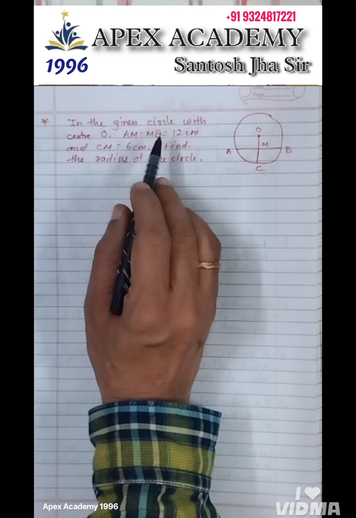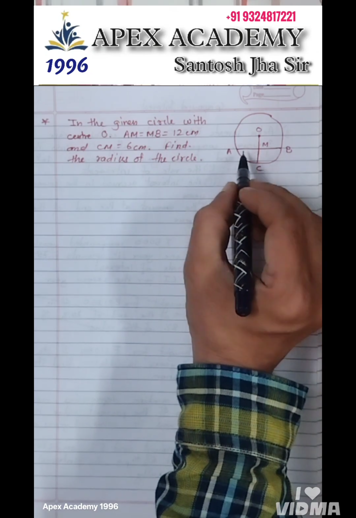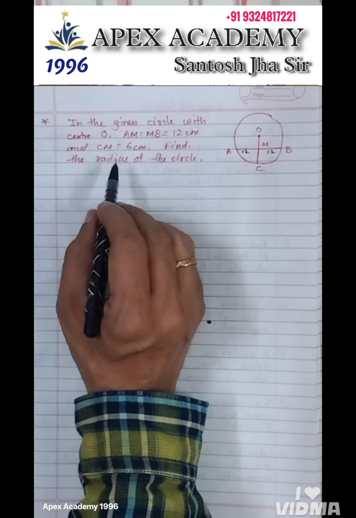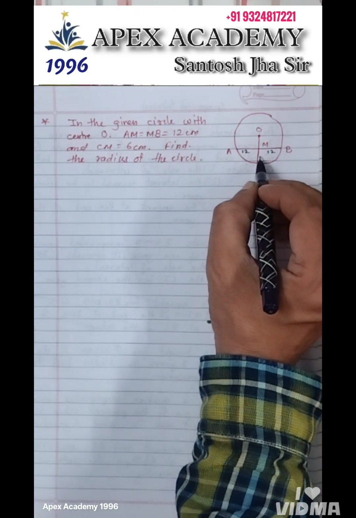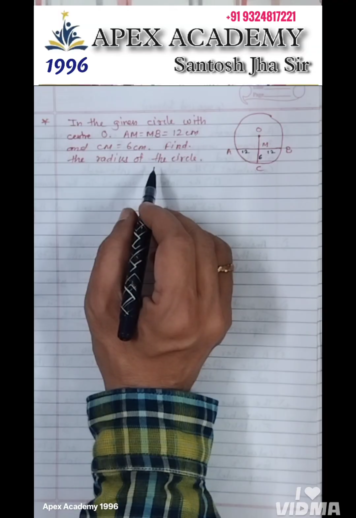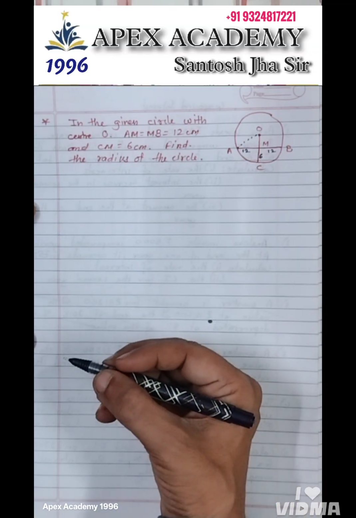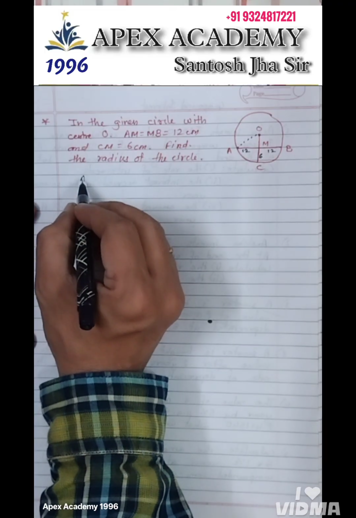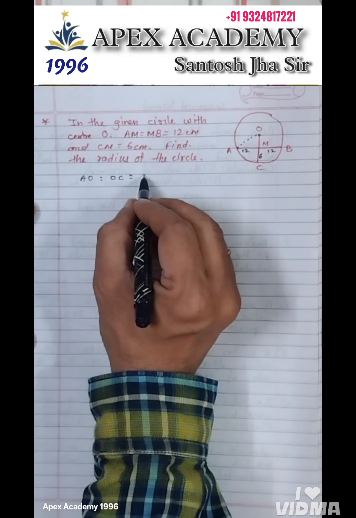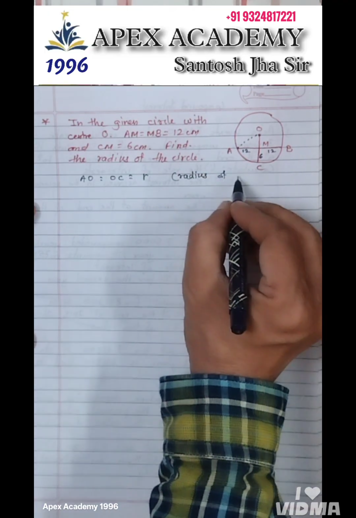See, in this sum it is given that the circle with center O, AM equals MB, that is 12. CM is 6 and we have to find out the radius of the circle. We'll join AO. As AO is equal to OC, we'll consider both as R, the radius of the same circle.